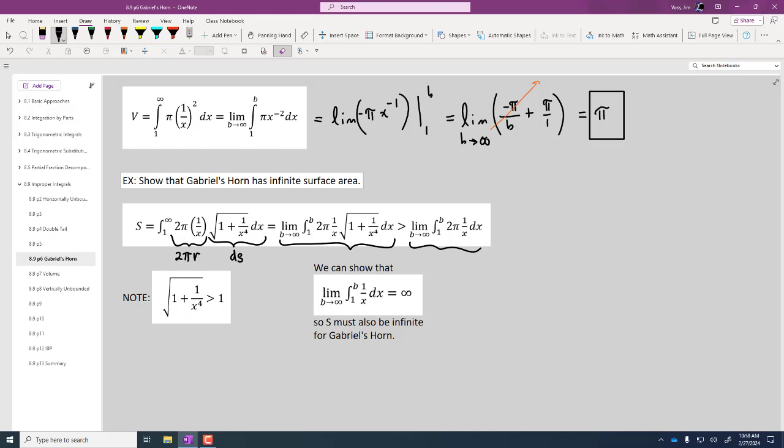X is on the interval 1 to infinity, so 1 over x to the 4th is always positive. 1 over x to the 4th might be microscopic, but it's still positive. If you get out to x equals 10 million, 1 over 10 million to the 4th is microscopic, but it's still positive. This quantity right here is greater than 1 no matter what. Correct? Greater than 1.